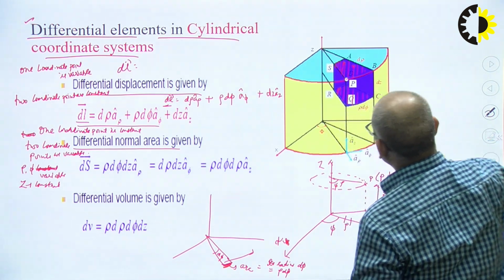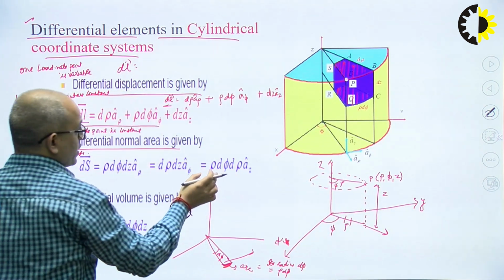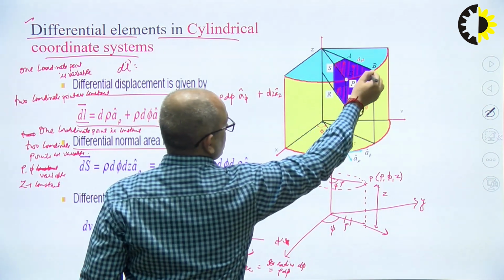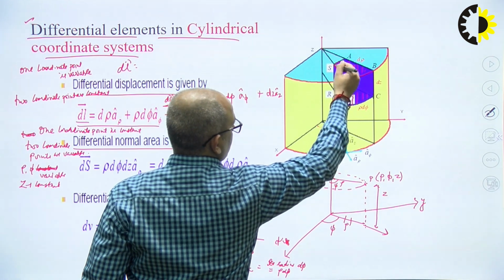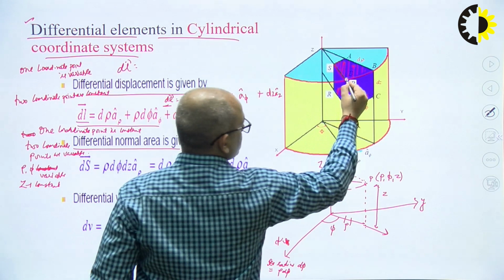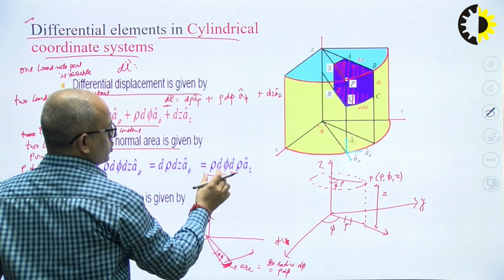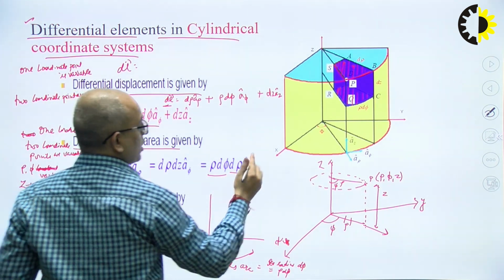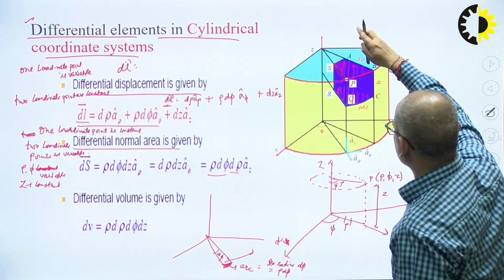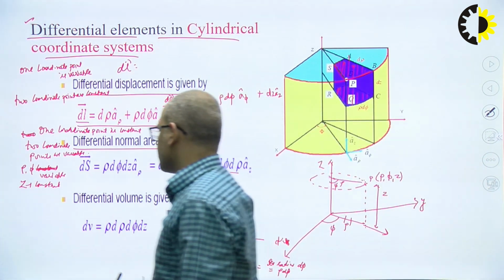When z is constant, the differential length is d rho, and the other differential length is rho d phi. So ds equals rho d rho d phi a cap z. The unit vector is in this direction, that is a cap z.